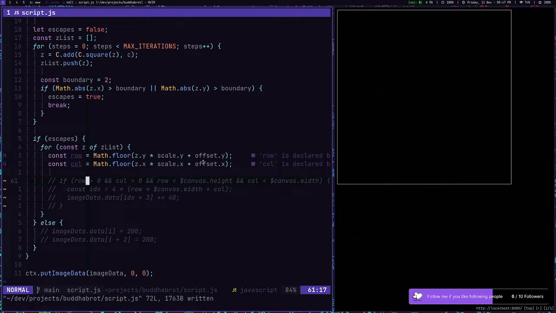Row and column have to be greater than 0 because that's what we're dealing with. And also it has to be within the canvas boundaries. That's what we're checking here. And if it is, we find out what the index position might be.